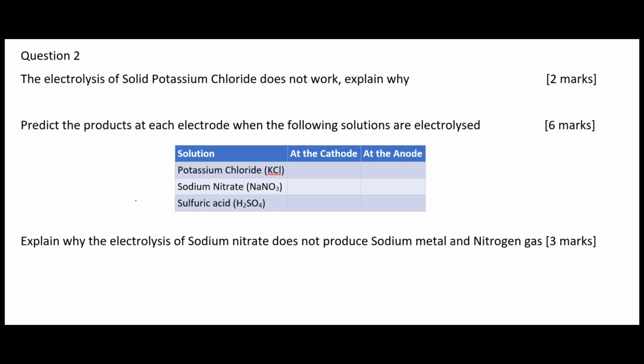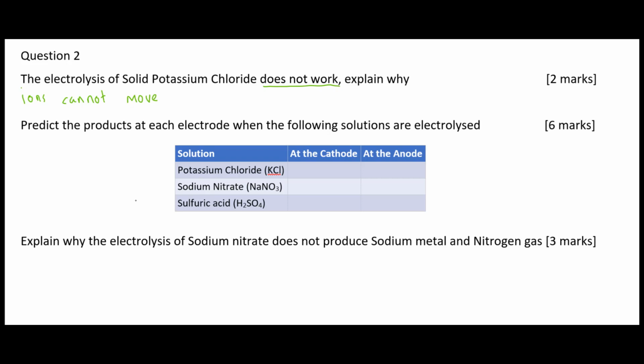is talking about the electrolysis of solid potassium chloride. And this question is saying that electrolysis does not work. And we want to explain why. Well, the first point that we would make here is that because potassium chloride is a solid, it means that the ions cannot move.